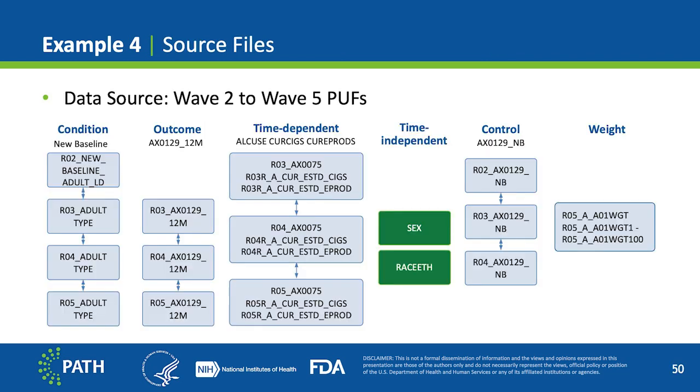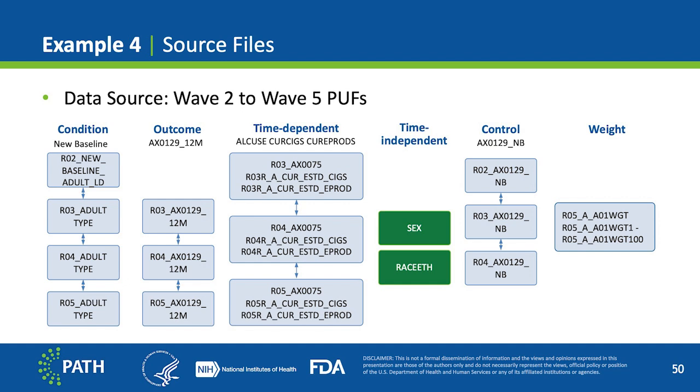Looking at this chart, which lists the variables that will be used in this particular example, you can see that we start with wave 2 new baseline adults, or aged-up adults. For each wave, we only select those people who are new to the adult interview.